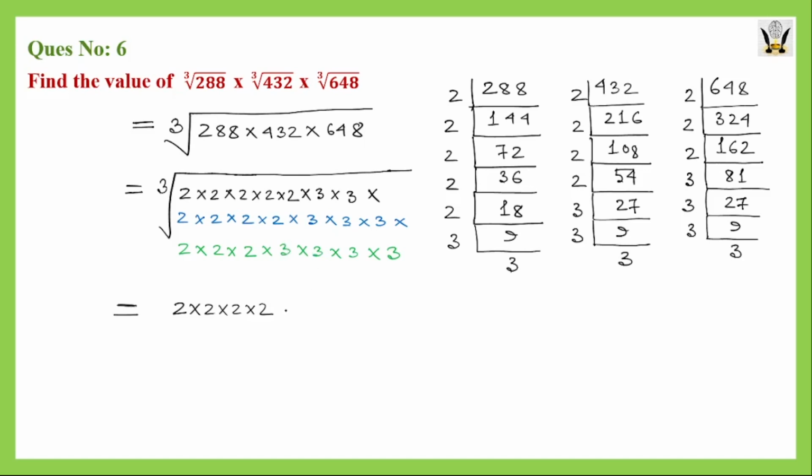So when it comes out of the cube root, we will have 3 to the power 3. And when we multiply all these values, it will be 2s are 4, 8, 16, and from here it will be 27. And finally that value will be 4 times 3 times 2.